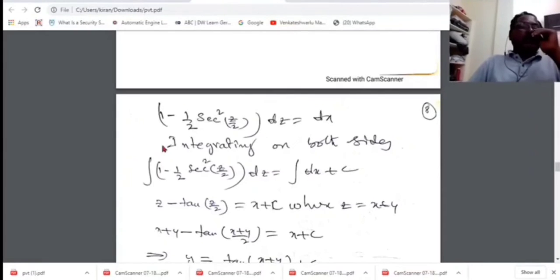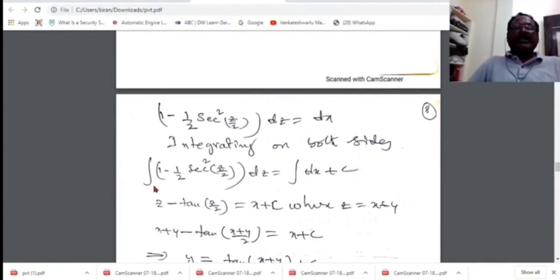Now integrating both sides, the integration of (1 minus 1 by 2 sec square z by 2) dz is equal to the integration of dx plus c.